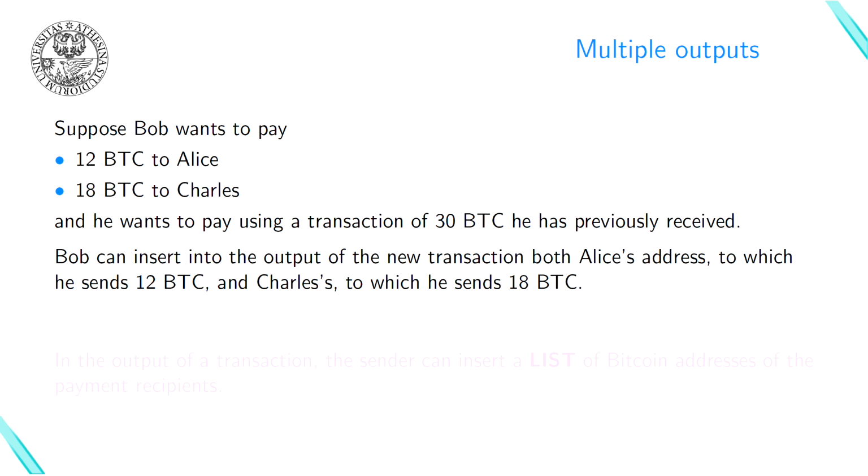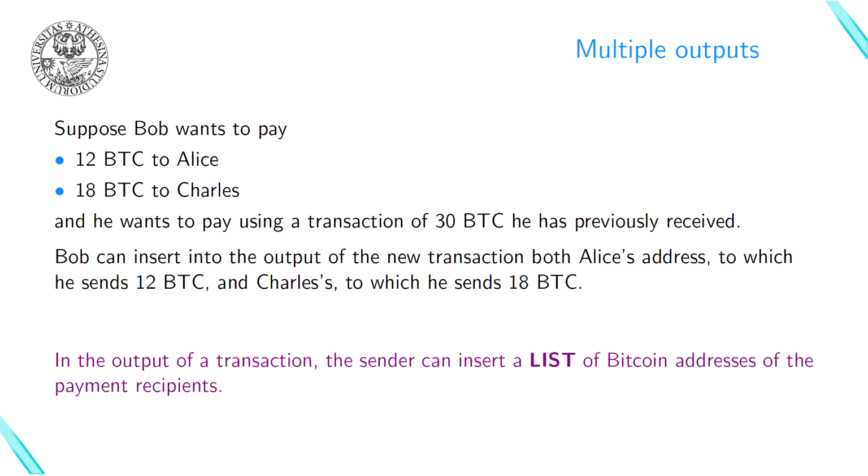Bob can insert Alice's Bitcoin wallet into the output of the new transaction, to which he sends 12 bitcoins, but he will also insert Charles' wallet, to which he sends 18 bitcoins. So, in the output of a transaction, any sender can insert a list of Bitcoin addresses for the payment recipients.